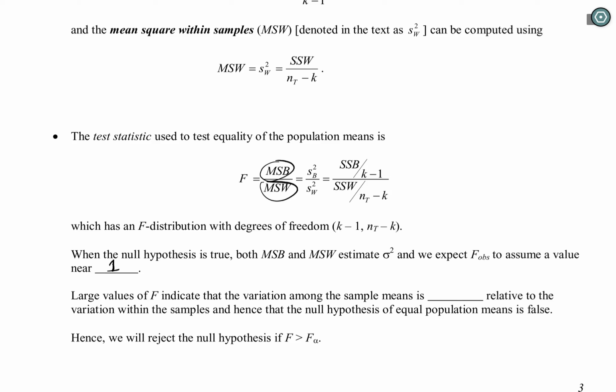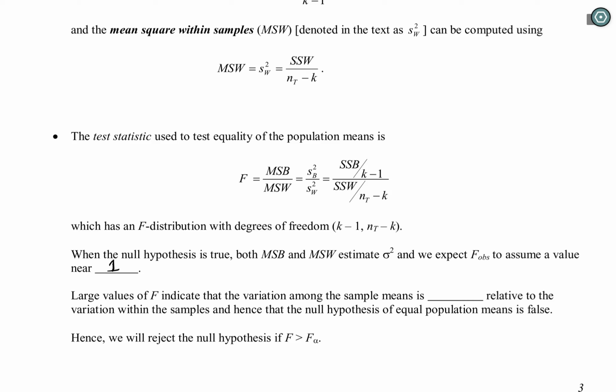Okay, again, that's under the assumption the null is true. On the other hand, when the null hypothesis is not true, the MSB actually estimates something else, and so we would expect to see a larger numerator than the denominator, or a large F value.